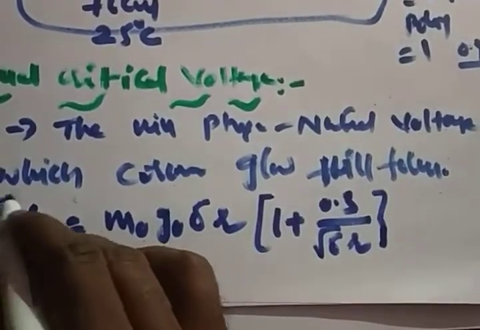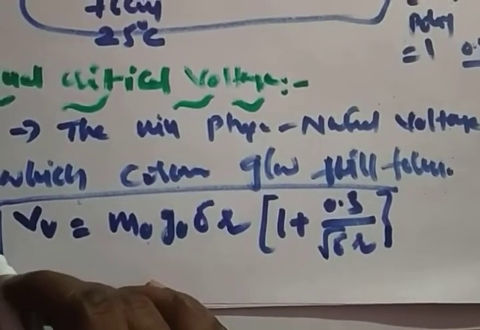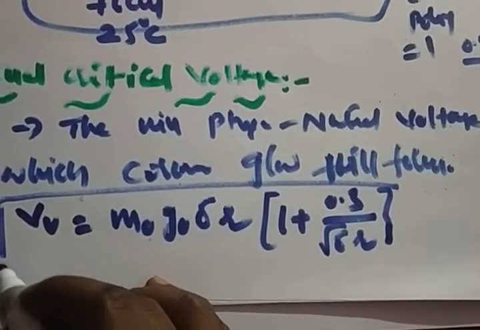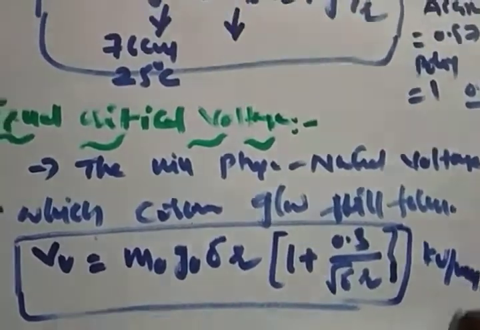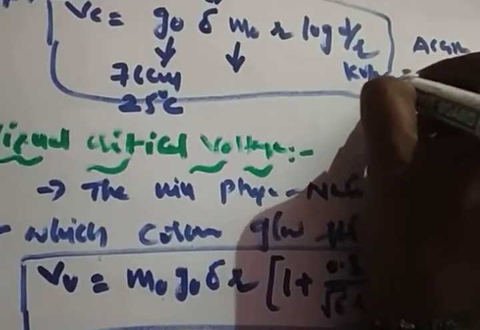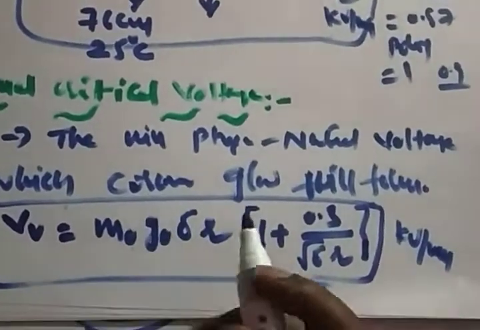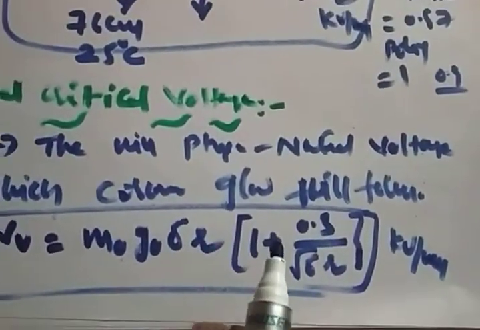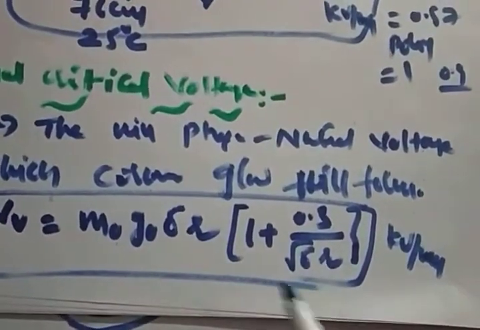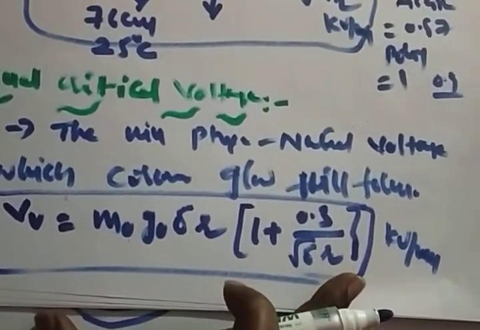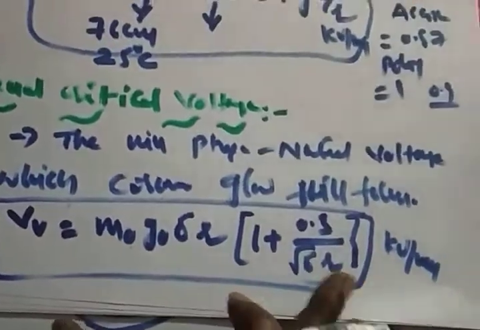This is the formula, in kV per mm. So this is the formula for visual critical voltage.